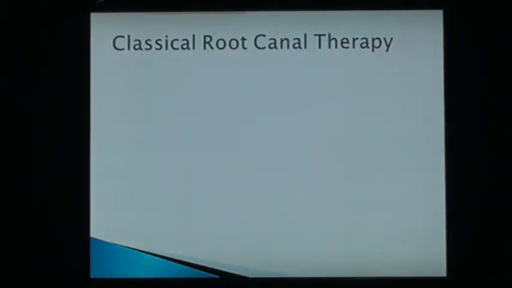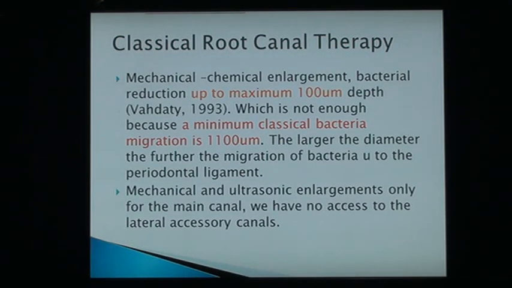Classical root canal therapy, mechanical chemical enlargement, achieves bacterial reduction up to a maximum of 100 micrometer depth. This is a study done in 1993, which is not enough because classical bacterial migration is up to 1100.